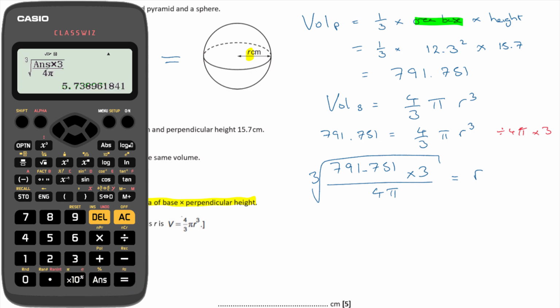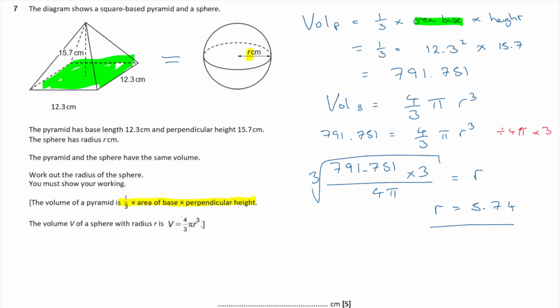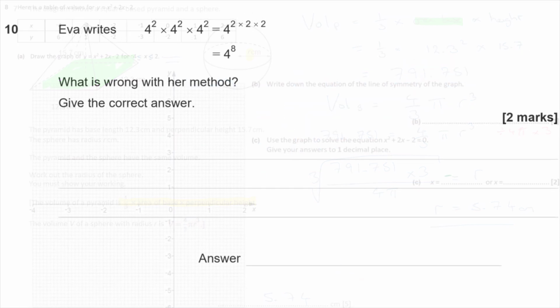What's that then? That's 5.7389. I'm going to round it off to 3 significant figures. R equals 5.74, unit centimeters. So 5.74, final answer.